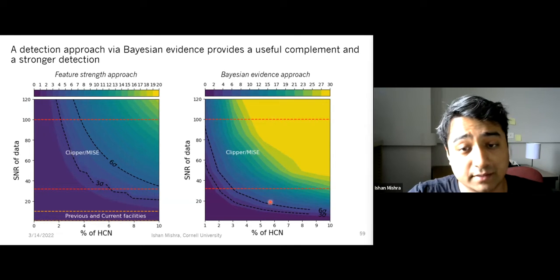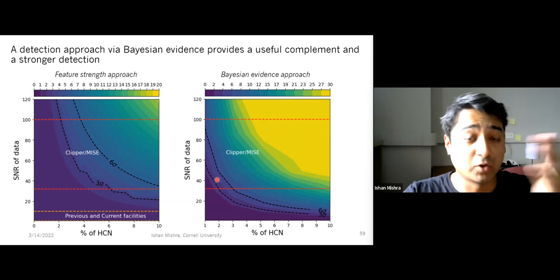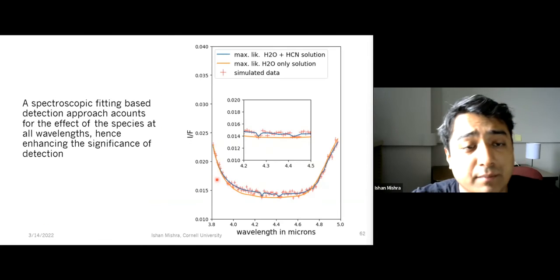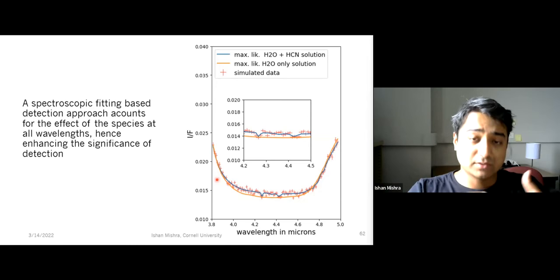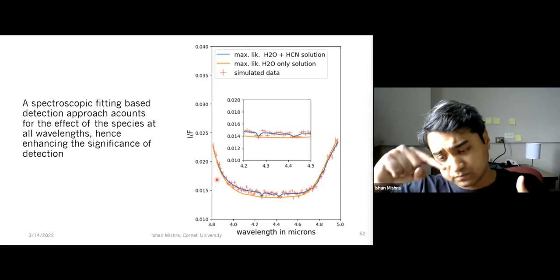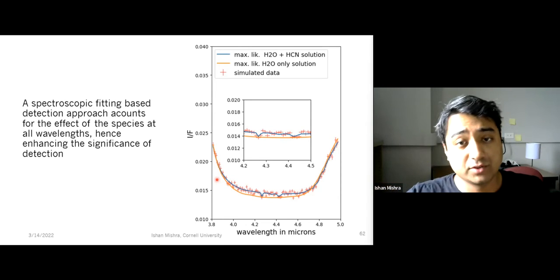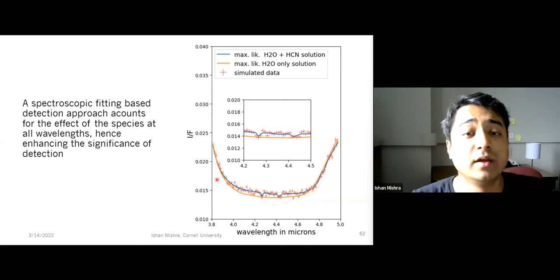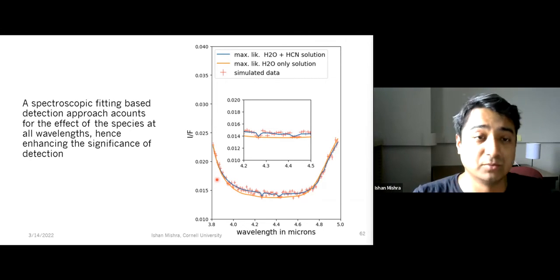As you can see here, the 3 sigma and 6 sigma contours have been pushed down to lower percentages. That is primarily because it's not only taking into account the tiny features of these organics, but also their effect on the continuum, which matters when the signatures might be so weak.